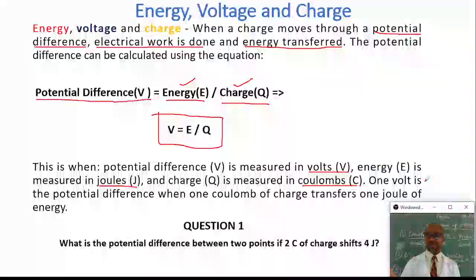Listen, 1 volt is the potential difference when 1 coulomb of charge transfers 1 joule of energy. So we must understand that.